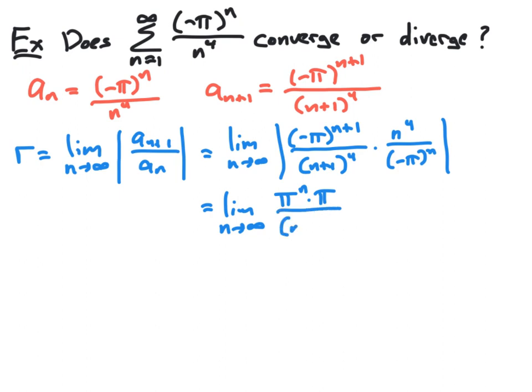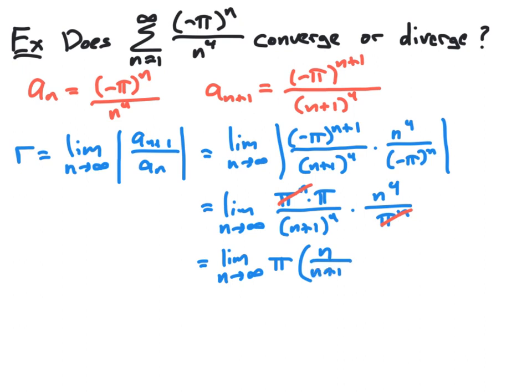That'll be over (n+1)^4, multiplied by n^4 over π^n. And here we can cancel out the π^n, so we just have a constant of π in our numerator. And so here we're going to get the limit as n goes to infinity of the constant π times (n over n+1) to the fourth power.